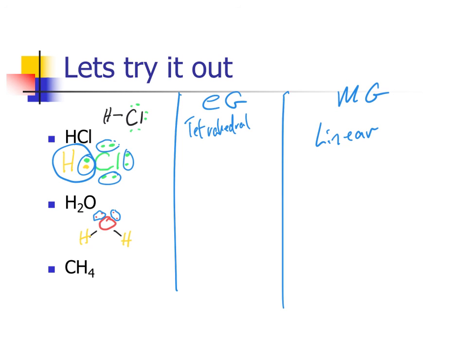Because if I look at water, I can see that I have a total of 4 regions. 2 bonding, 2 not bonding, meaning it is tetrahedral. I probably spelled that wrong. But the molecular geometry is bent.